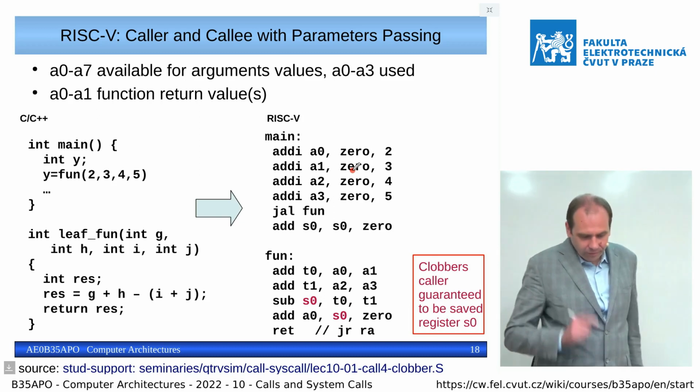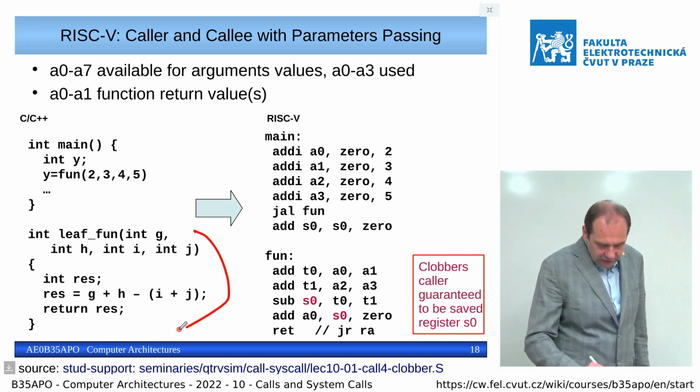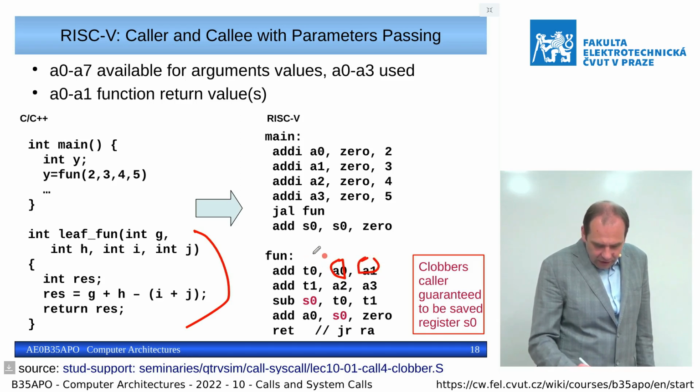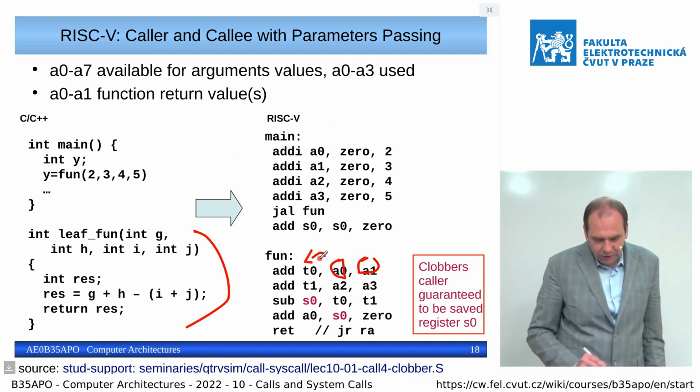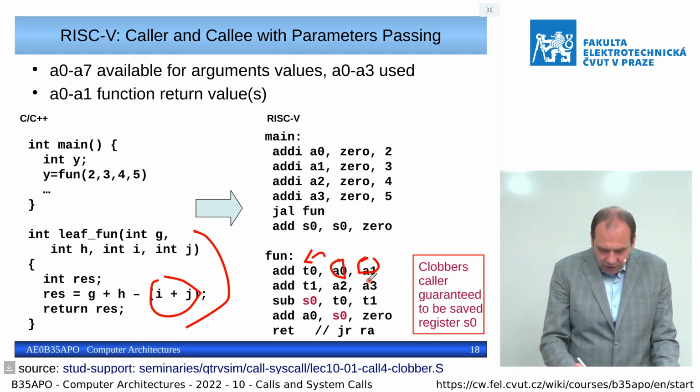Okay. So now the actual calling of our function. So there is our function. Its implementation is simple. We add A0 and A1 and put the result to the T0. Then we add the other two arguments, which are J and I and J, okay.